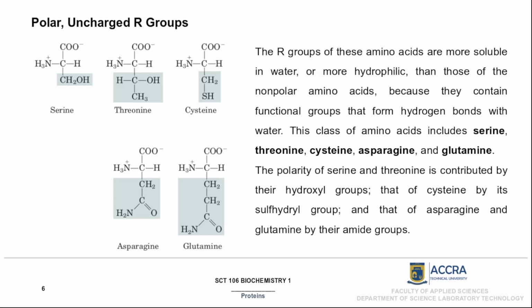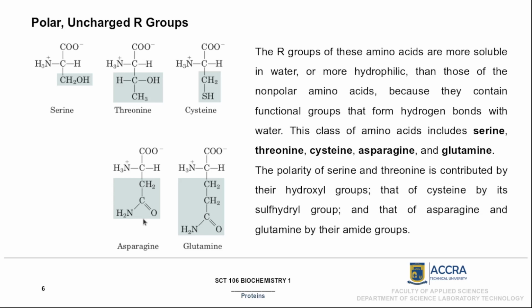So this polarity we talk about is due to the hydroxyl group we find in serine, the hydroxyl group in threonine, the sulfur hydride group in cysteine, and these second amine groups which we find in the side chains of asparagine and glutamine. These groups are responsible for the polarity of these amino acids.